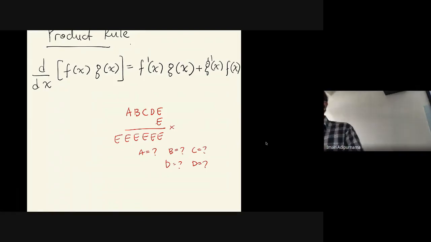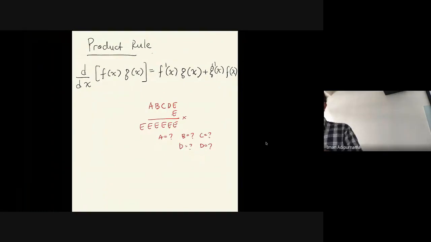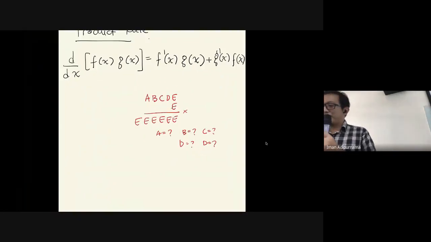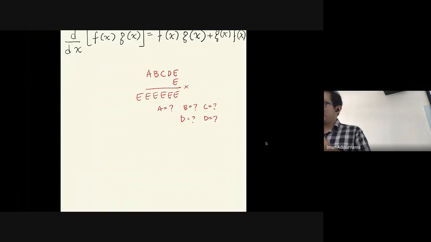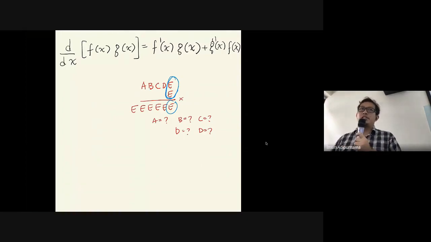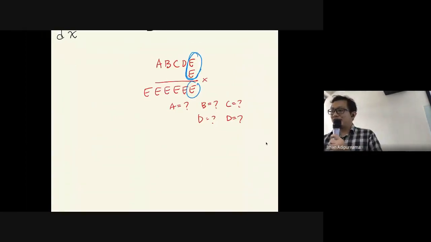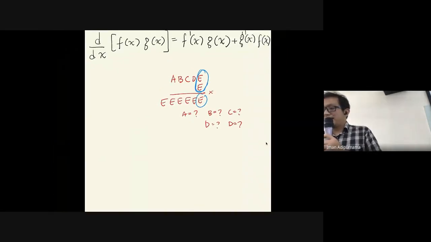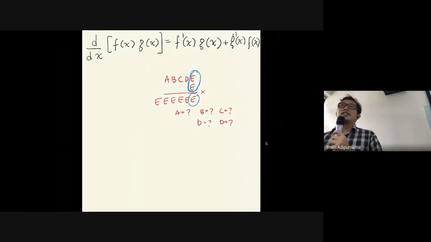But let's get back to our topic. If you want to solve it, you need to solve this first, and it becomes E. That's the first one. And if you get some possible numbers, you can try all and get A, B, C, D, E. I don't know why the teachers give the students this kind of question.